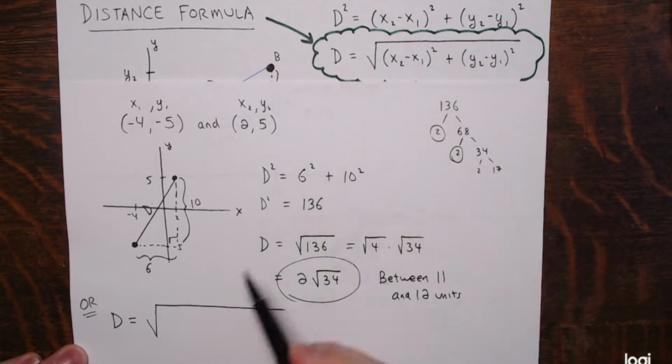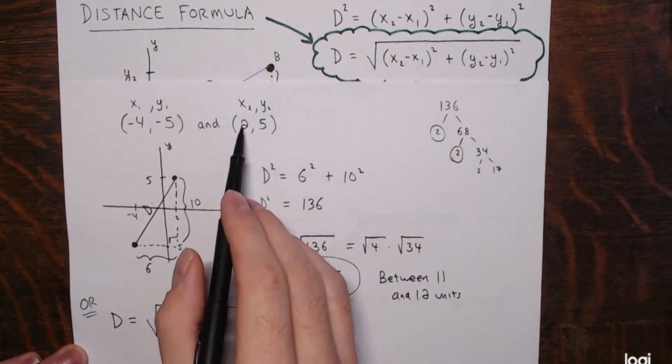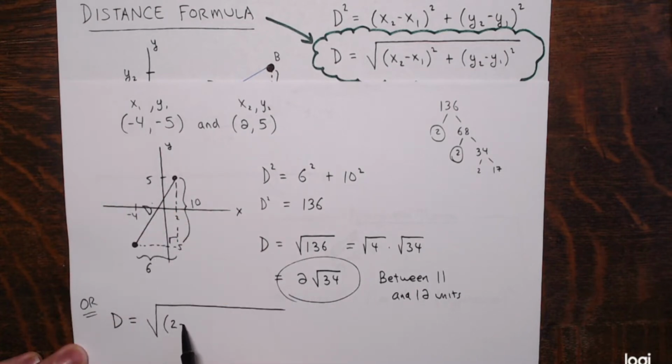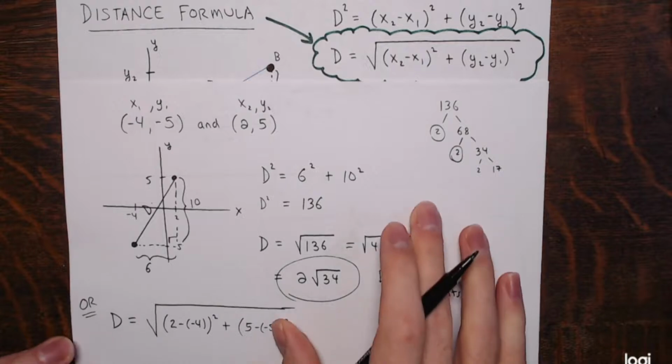And then in parentheses you have x2 minus x1, 2 minus -4, and then square that. Plus, and then the next set of parentheses, y2 minus y1, 5 minus -5. Now don't forget, when you're subtracting a negative, it ends up being adding.